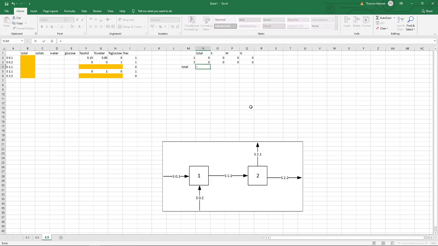And finally, our total: what enters would be 0,1 plus 0,2, and what exits would be 2,1 and 2,2. There we go. So now I actually have all of my balances. Again, only this part of them would actually be valid equations. All of the other equations I can derive from these 6 equations.